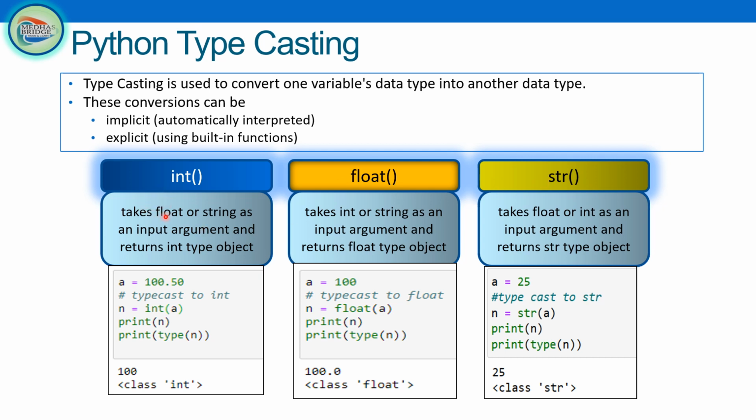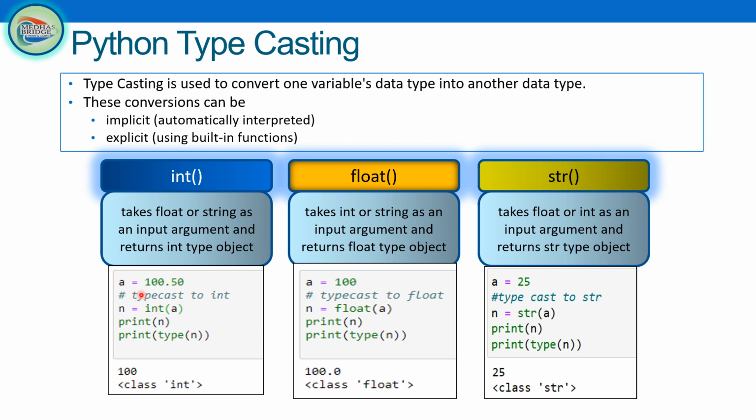Int takes float or string as an input and returns int type object. Float takes int or string as an input, returns float type object. String takes float or int as an input, returns string type object.